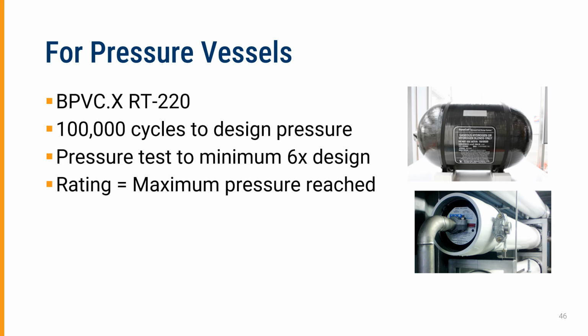Then we pressure test it, and it has to reach at least 6 times the design pressure before it fails. And the rating is the maximum pressure reached before it fails. So potentially the rating is higher. Usually you should expect the rating to be higher than the design pressure. Reverse osmosis vessel, hydrogen storage vessel.